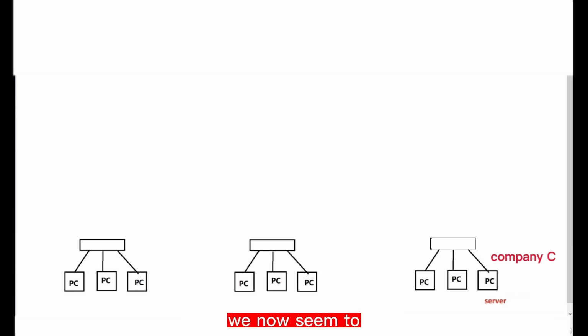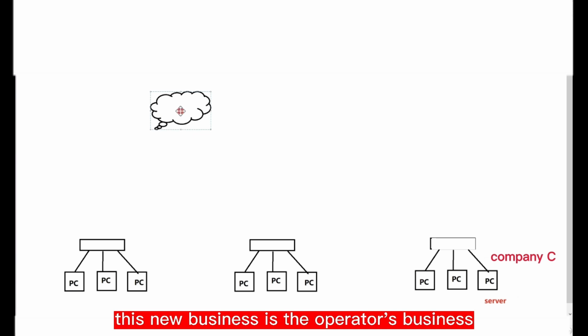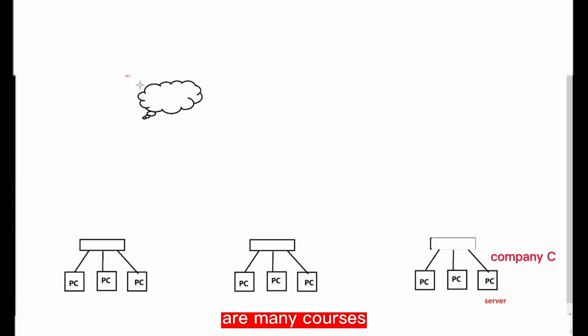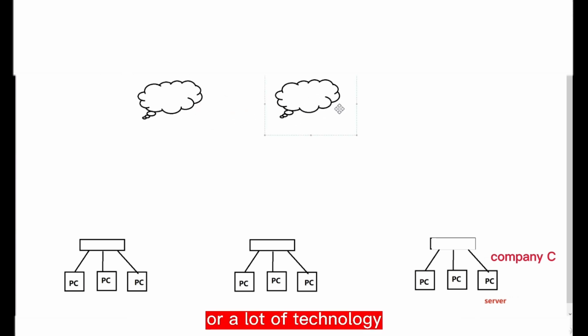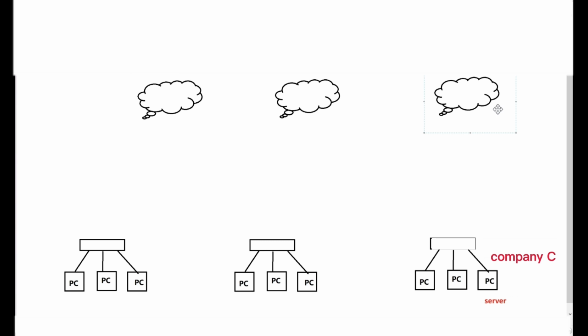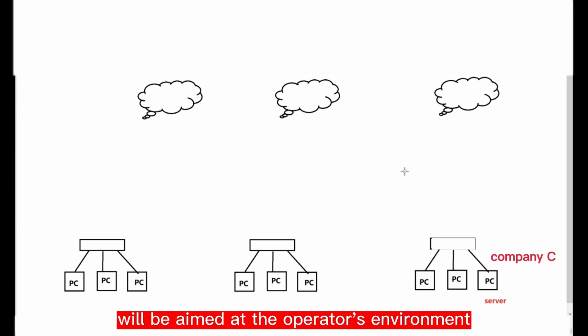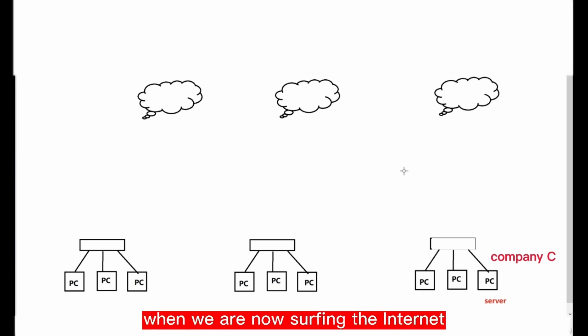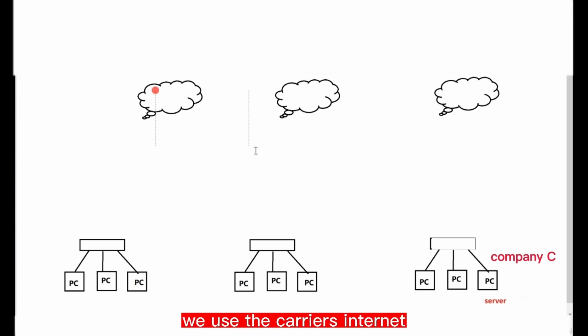So how do we connect now? I can't handle it myself. Then there is a new business. This new business is the operator's business. When everyone learns IE in the future, many of our courses, or a lot of technology, will be aimed at the operator's environment to deploy the network. So everyone must know, when we are now surfing the internet, we use the carrier's internet.